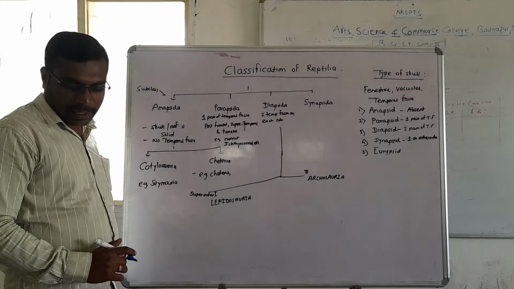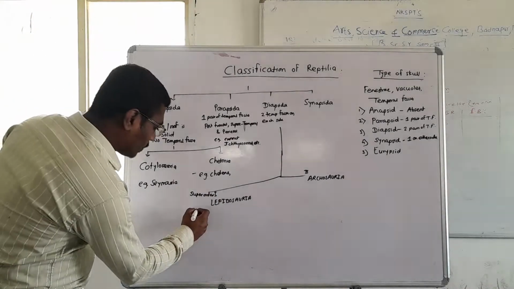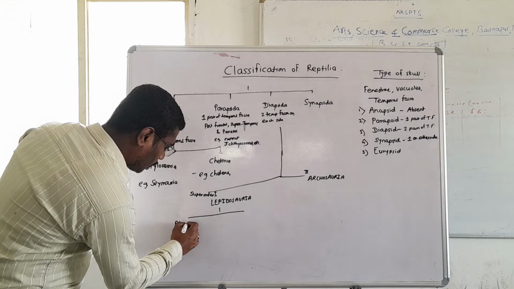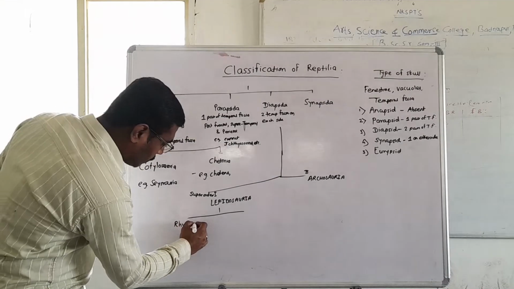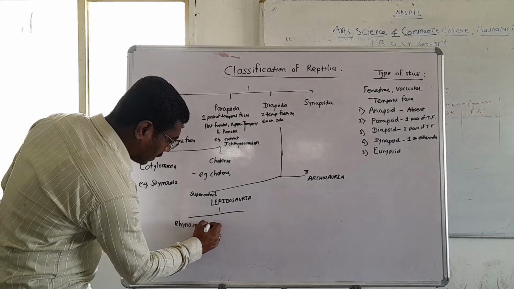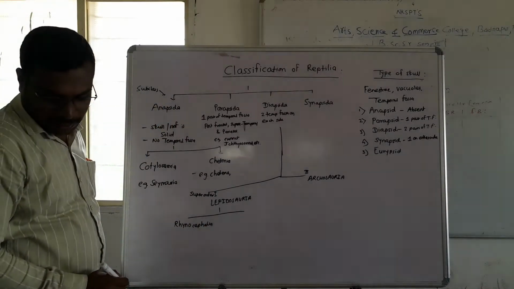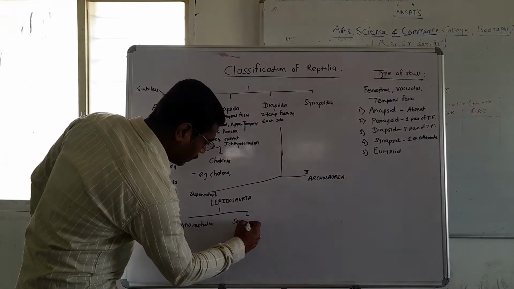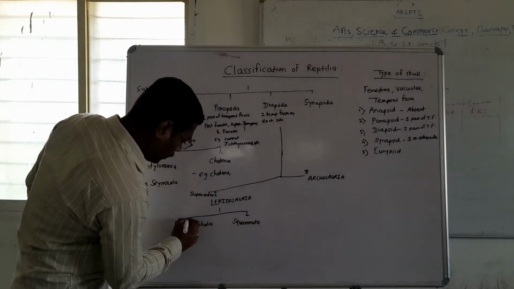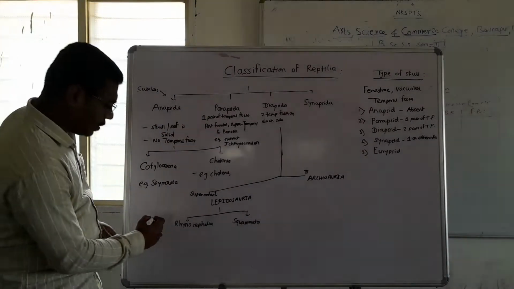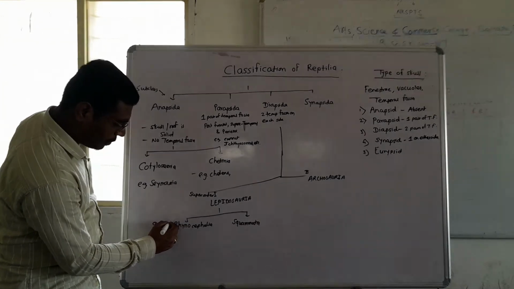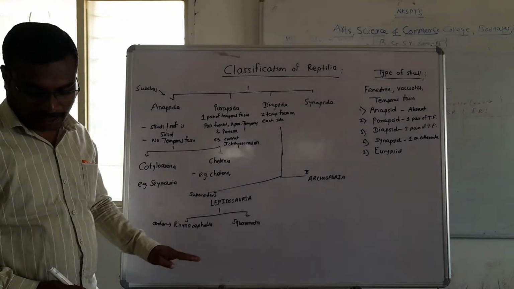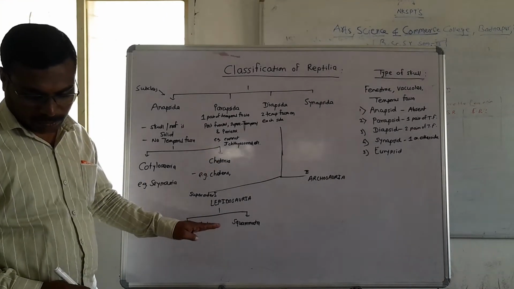Order 1 is Rhinocephalia, and the second order is Squamata. This Squamata order is again divided into two suborders.